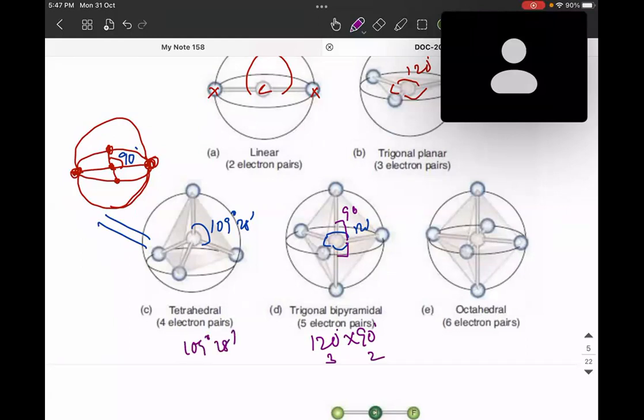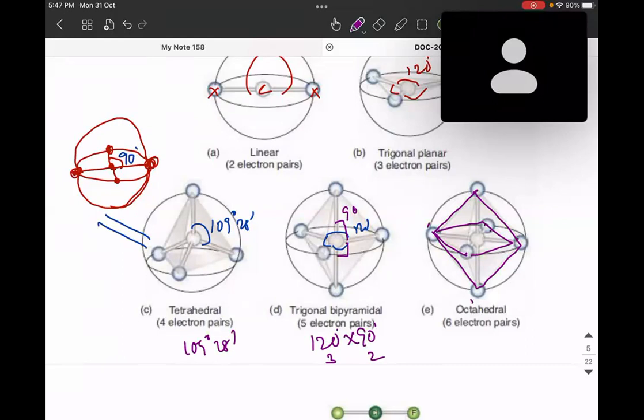Suppose it is 6 electron pairs. If you consider this one, it is a square. Otherwise, if you consider these, that is also a square. Or if you consider 1, 2, 3, 4, that also gives a square. Anything you connect will give a square.